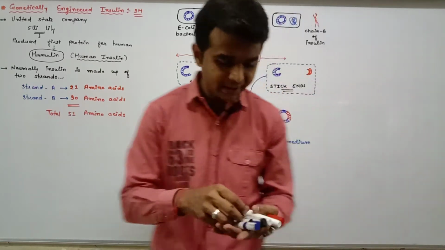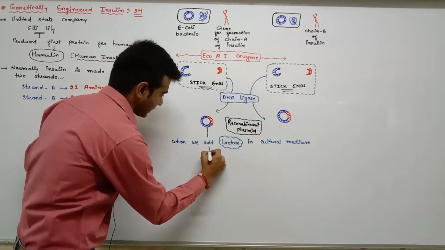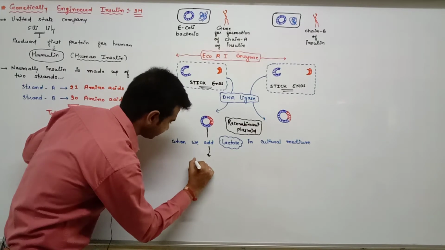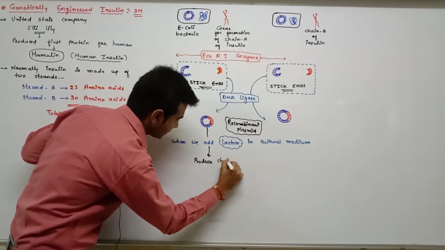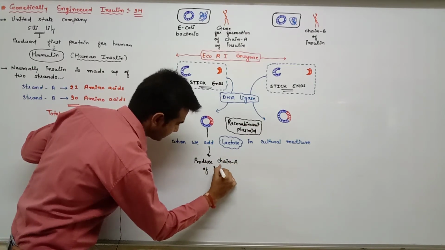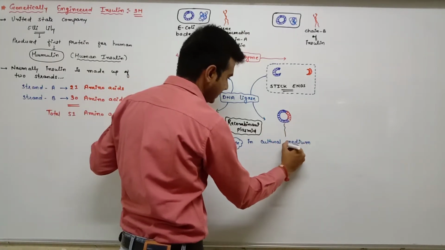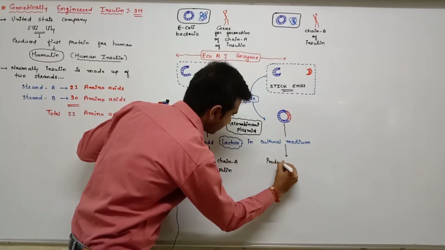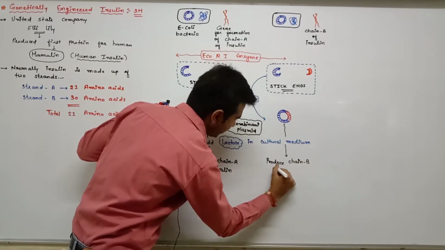As a result, this plasmid-containing E. coli bacteria produce chain A of insulin, and this plasmid produces chain B of insulin.